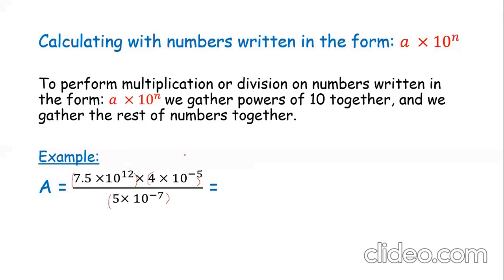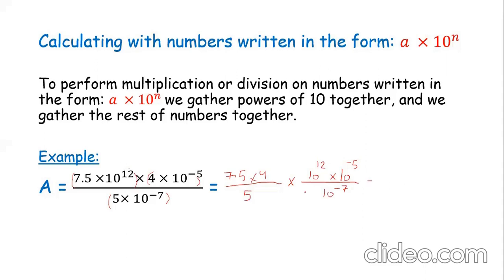So what we mean by that is that we take 7.5 from here multiplied by 4 over 5. And this is multiplied by 10 to the power of 12 multiplied by 10 to the power of minus 5 over 10 to the power of minus 7.